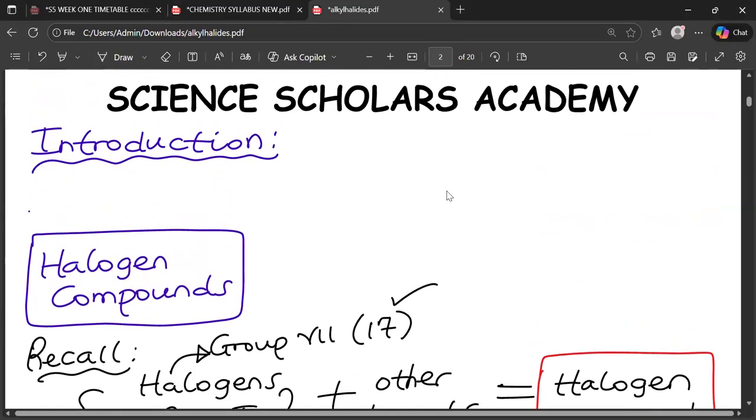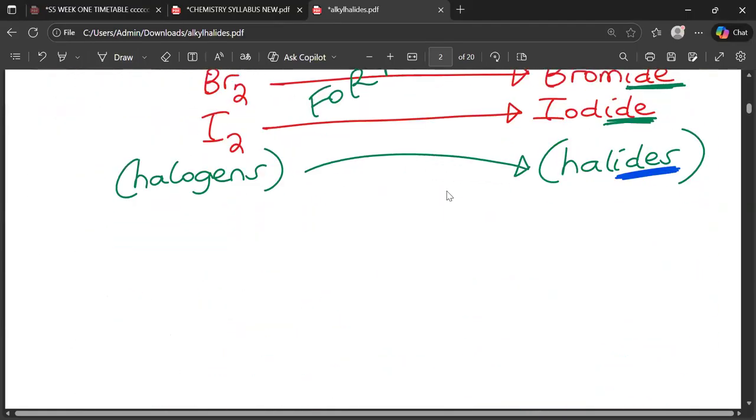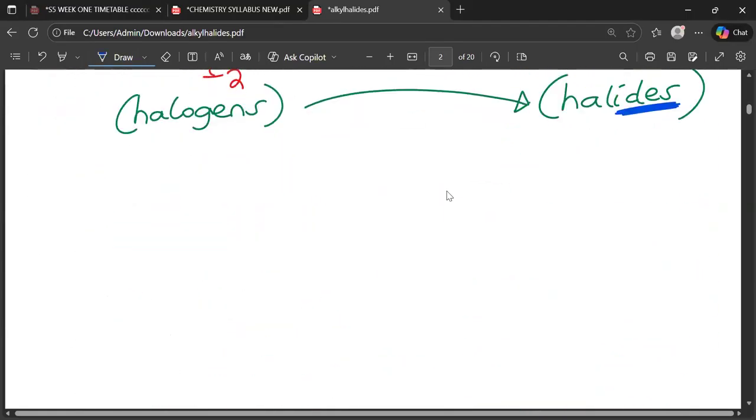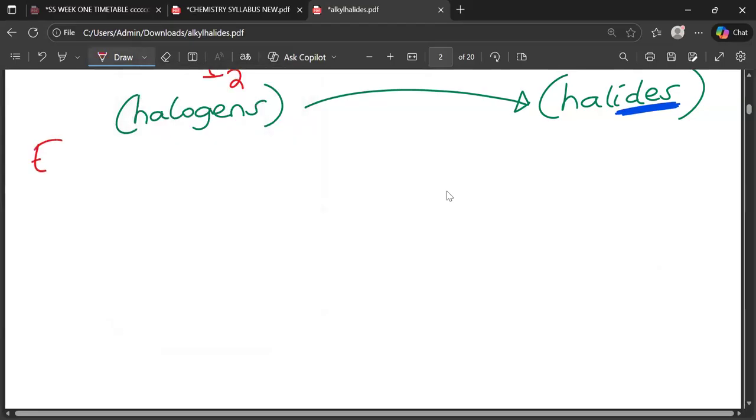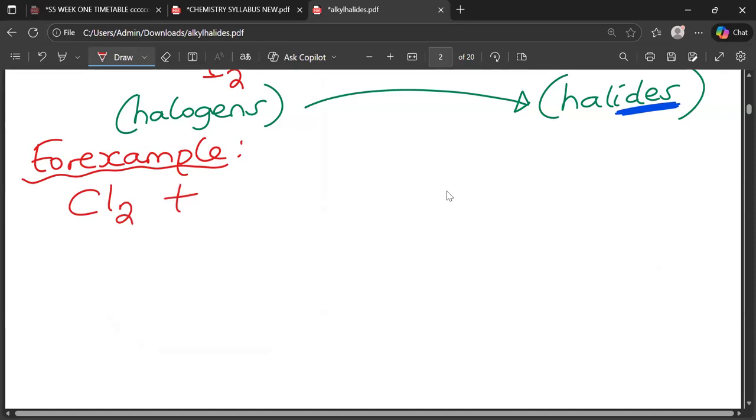I'm going to use this space. Now, for example, if I'm having my chlorine and I react it, remember I'm dealing with organic chemistry, so I'll bring my methane.